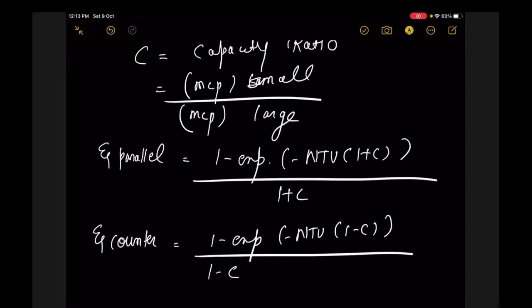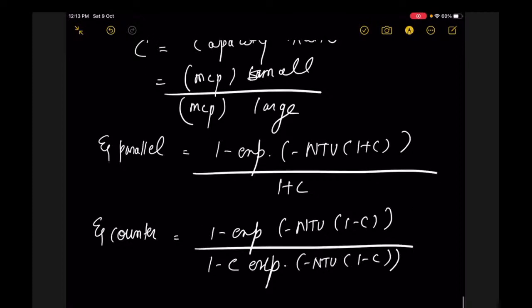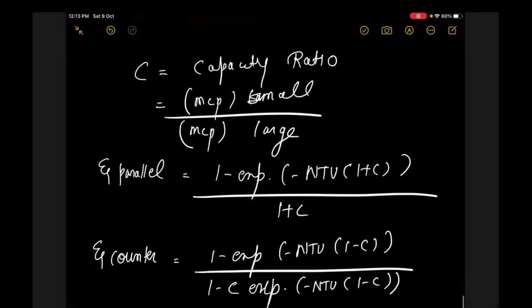For counter flow it is 1 minus exponential of minus NTU times (1 minus C), over 1 minus C exponential of minus NTU times (1 minus C). So write this.